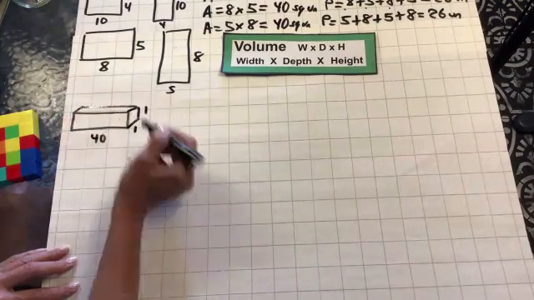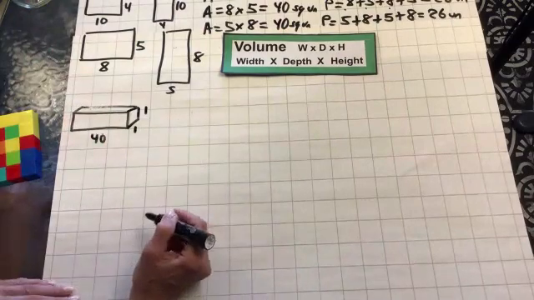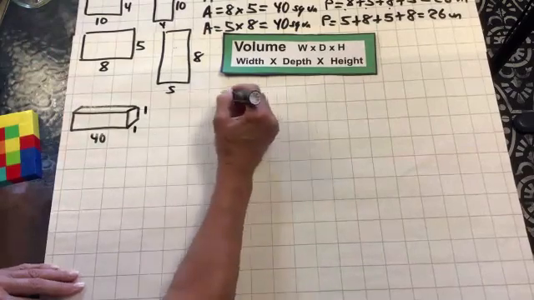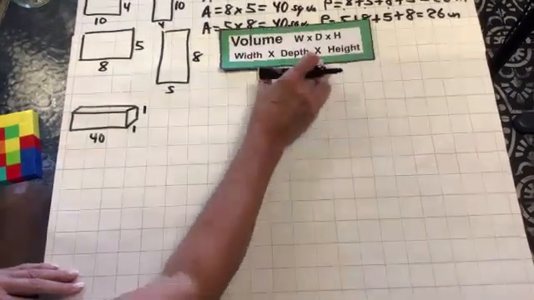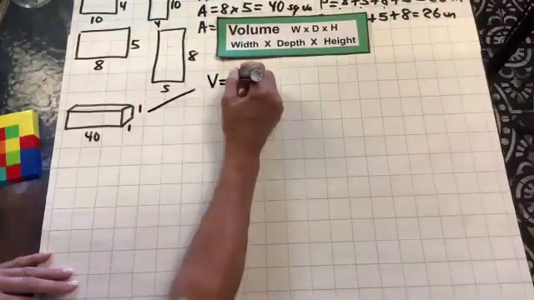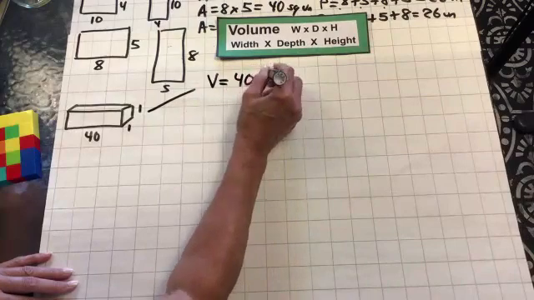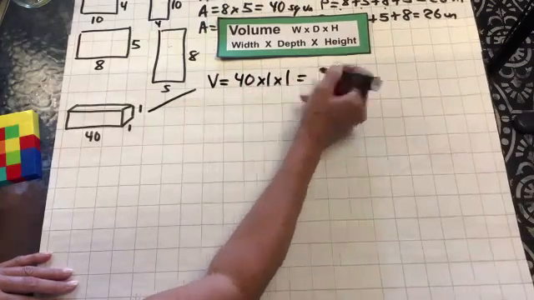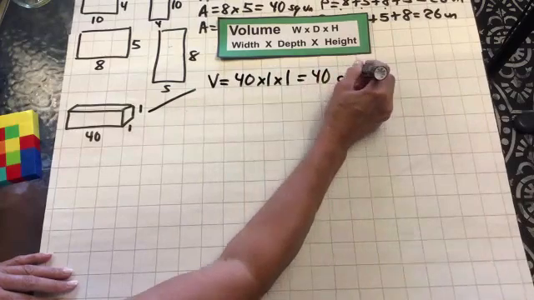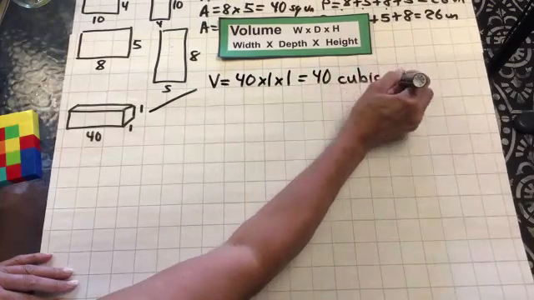So I'm just adding depth. So this would be volume equals, and I'm going to try to move that up so we can have enough space here. Volume equals for this one here, 40 by 1 by 1 equals 40 cubic units.